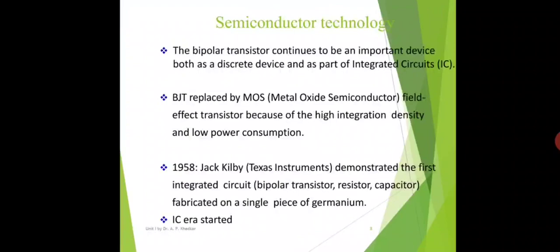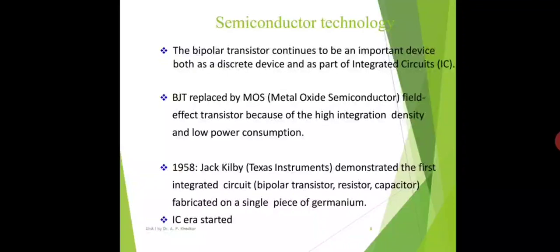So after the vacuum tube, the transistor was invented. Using discrete transistors, a number of electronic circuits were built and used at that time. But the major change was that the transistor was used as part of a new technology or new device, that was the integrated circuit or IC.